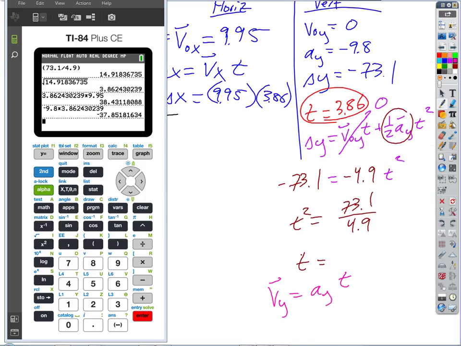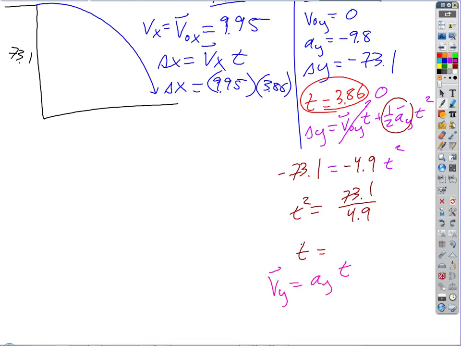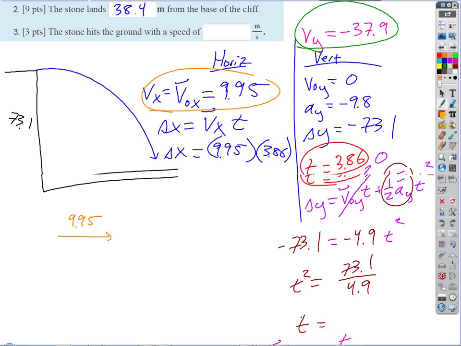And if we want to find the final velocity, then all we've got to do is just add these two vectors. Let's make this one orange, right? So there's the horizontal velocity, 9.95. Let's make this one green, how about? The vertical velocity is negative 37.9.